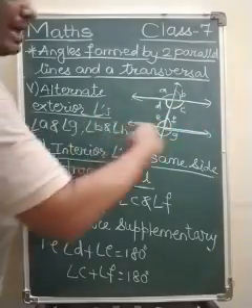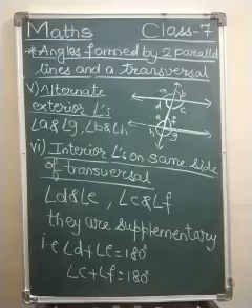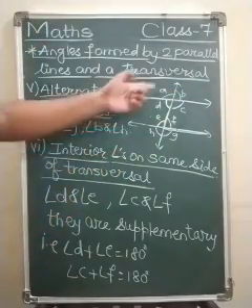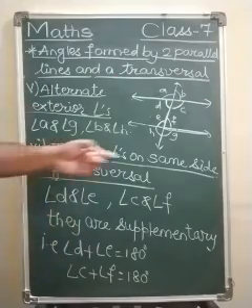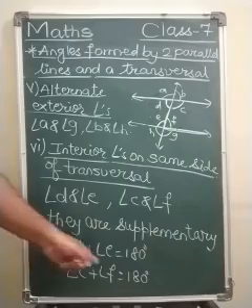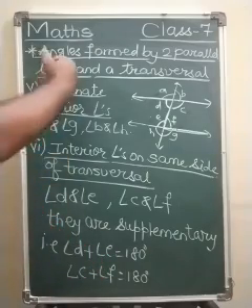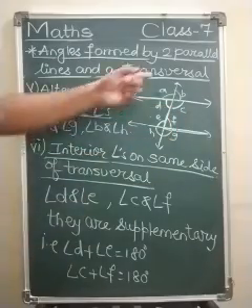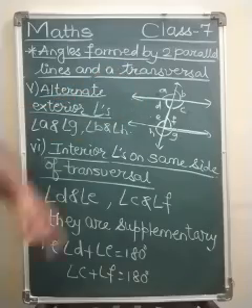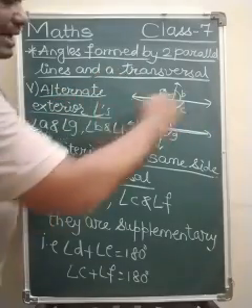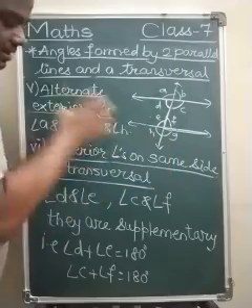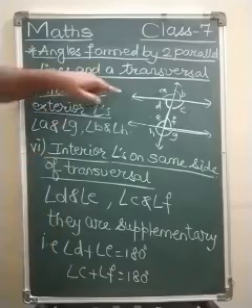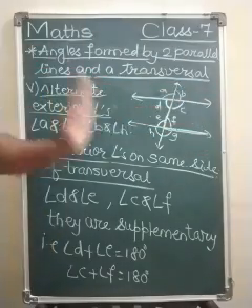When we have two parallel lines and a transversal, interior angles on the same side are supplementary, alternate interior angles are equal in measure, corresponding angles are equal in measure. And when these conditions exist, these two lines will also be parallel.